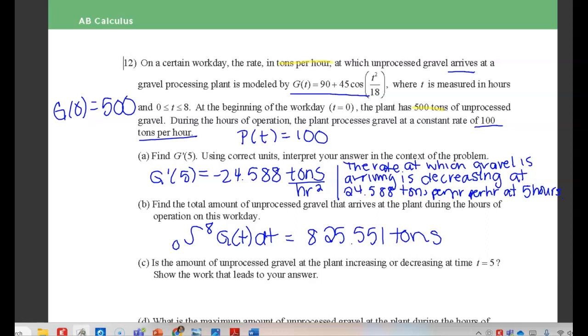So is the amount of unprocessed gravel on the plant increasing or decreasing at 5?